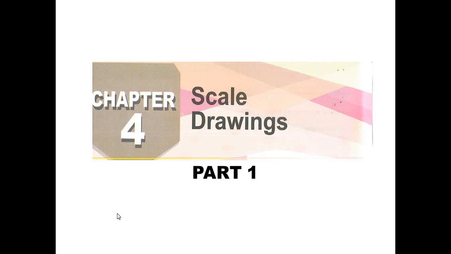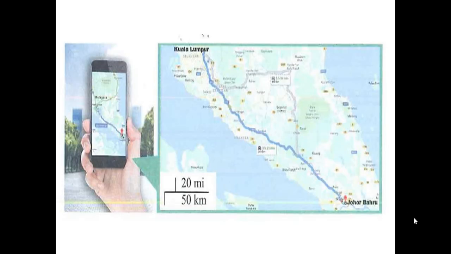Okay, now we're going to continue with our next chapter, scale drawing. Now what is the relationship between the actual measurements and the measurements of various sizes of drawing and object? Have you seen this picture before?